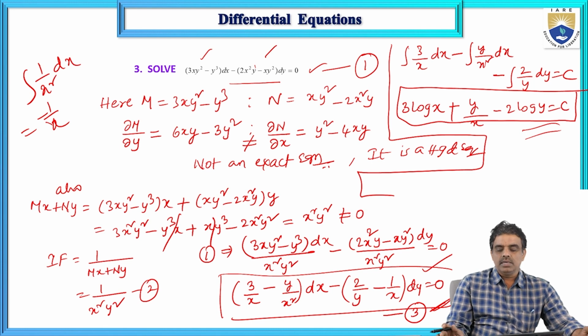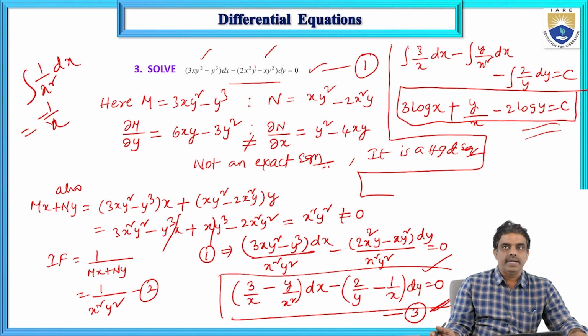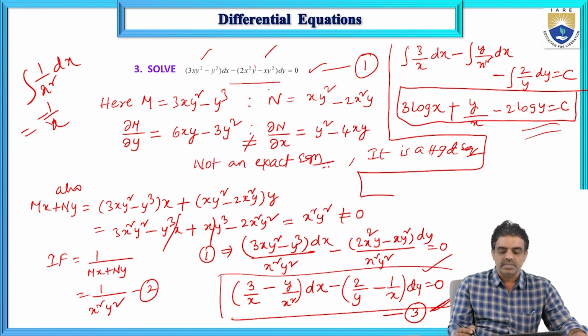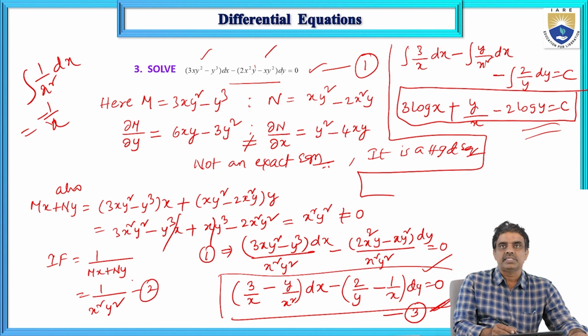So this is type 1, when the equation is not exact and can be made exact by using integrating factors, which can be found by using the nature of the given differential equation. Here 1 by (Mx plus Ny) is the integrating factor. After getting it, we multiply it with the original equation so that the equation becomes exact.